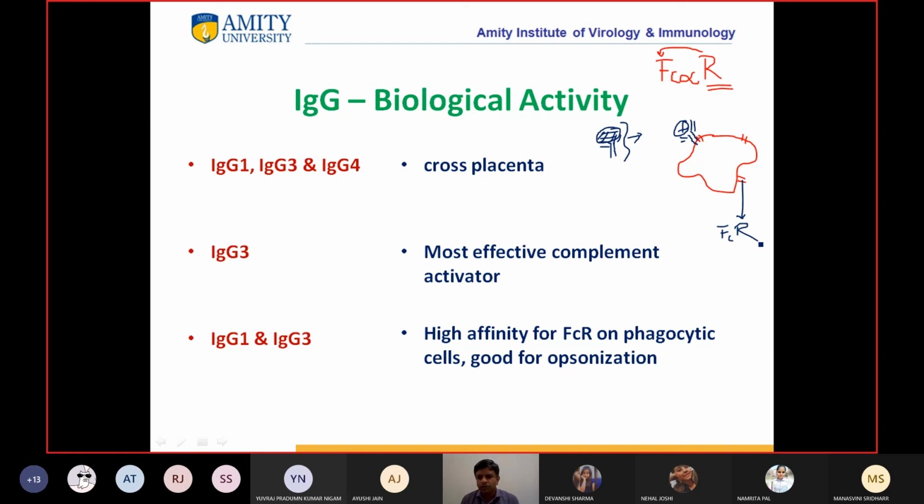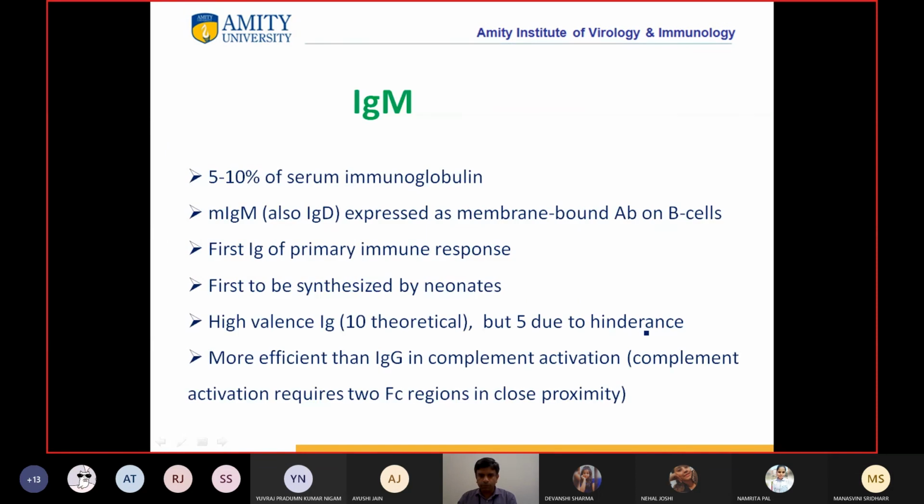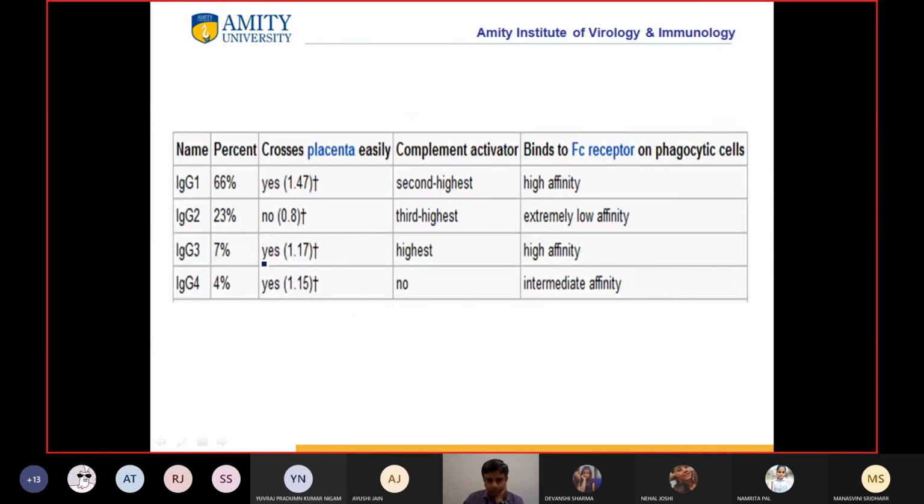These phagocytic cells like the neutrophils, dendritic cells, macrophages, they are good in killing the pathogen. And how they kill we will discuss in a separate class when we talk separately about these cells. Okay, so again just giving you an overview.